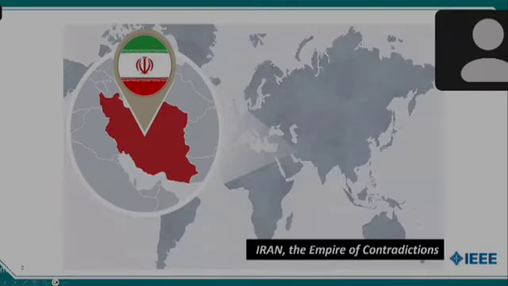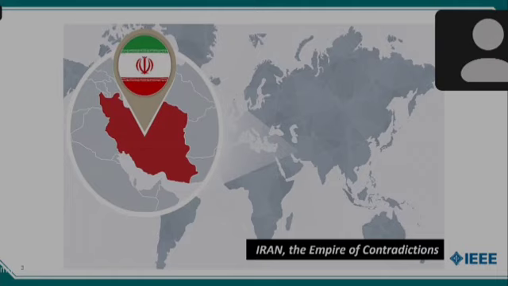Next slide, please. Okay, as I said, I will start with an introduction about me. I'm coming from Iran. You can see the map of Iran in this slide. It is located in Asia, in West Asia. In this map, you can see in the north, we have Russia.